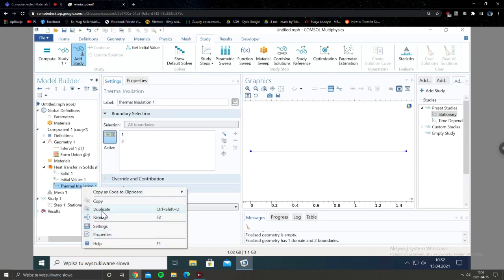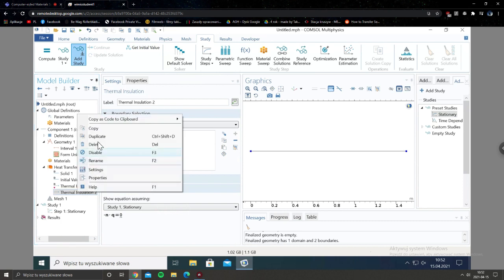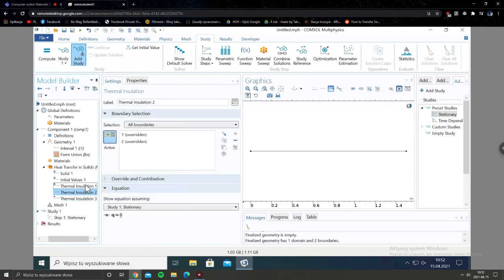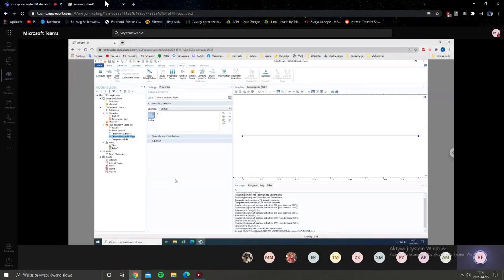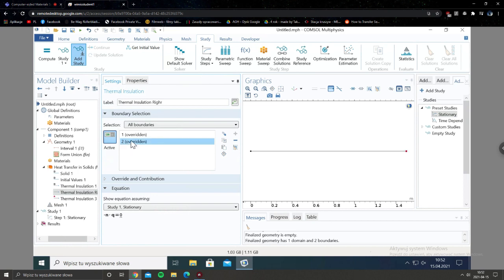Because we introduced another thermal isolation. Right-click thermal isolation right. You can see that we have chosen as a selection the second node. Can you see it? Yes, I also got it like that. Okay, so it is here. So node 2 was defined here. Let's go to temperature left. And this time we have chosen node 1, which is the left boundary.